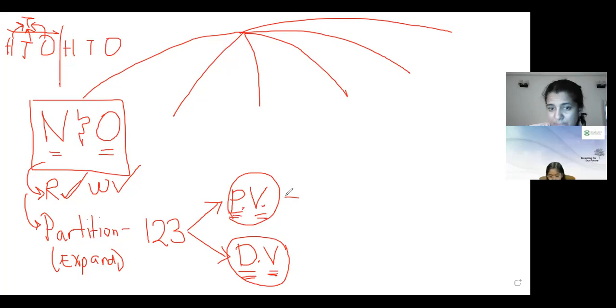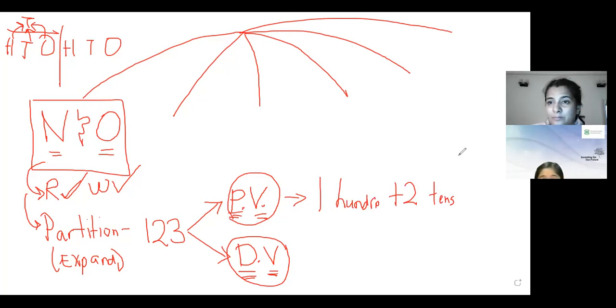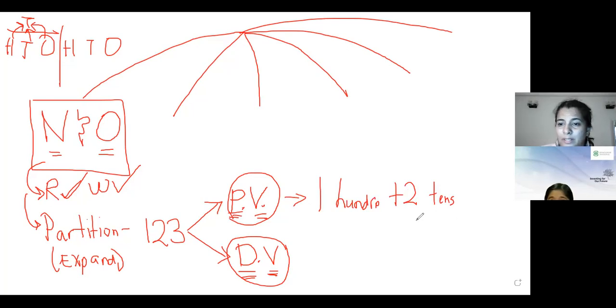So how do you do this? Very simple. 123 means 100. You must write that word 100. Okay, plus, you must put the plus. Then you must put 2 and you must write the house tens. Plus 3 ones.